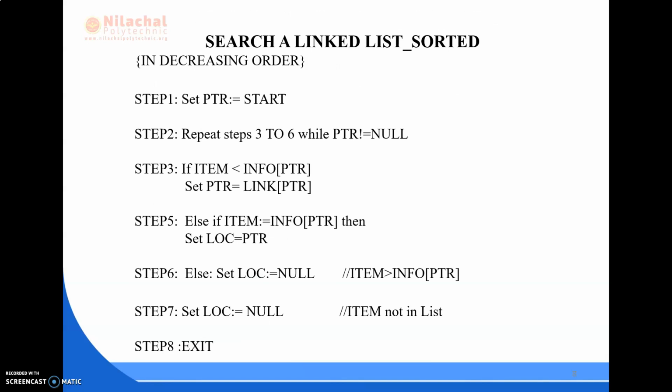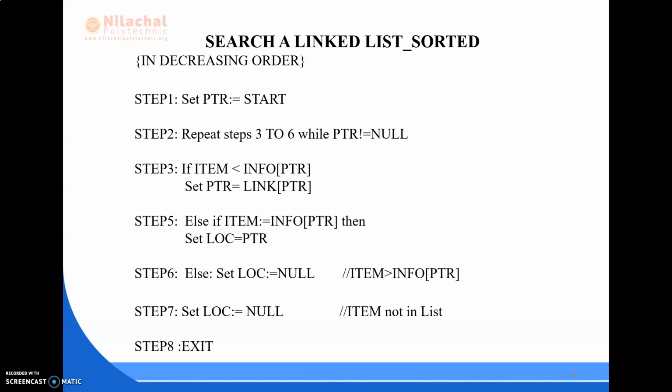Next, we will be discussing searching for an item in a sorted linked list. Here the items are sorted, and in this algorithm we will be discussing sorting in decreasing order. At the very first step, we will set PTR equal to start. At step 2, steps 3 to 6 will be repeated until PTR is equal to null.